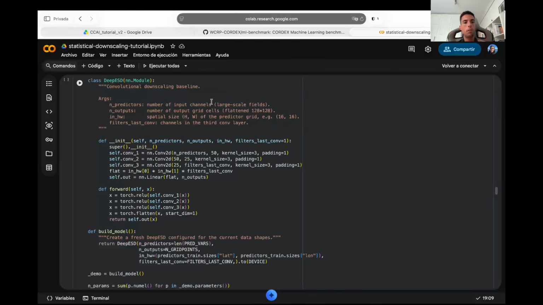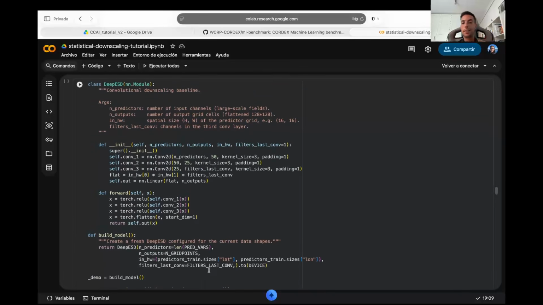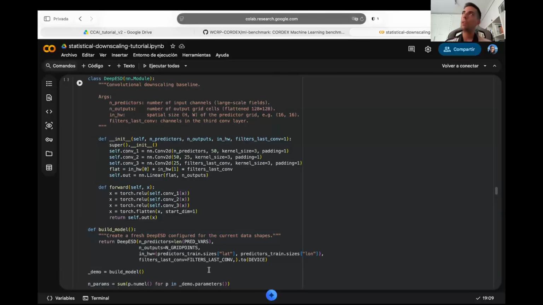And here you can see the code for that model. As you can see, it's quite a simple PyTorch model. It is true that now, in the state of the art in statistical downscaling, we are moving to more complex deep learning models. For instance, we are working with diffusion models, transformer based models, and so forth.